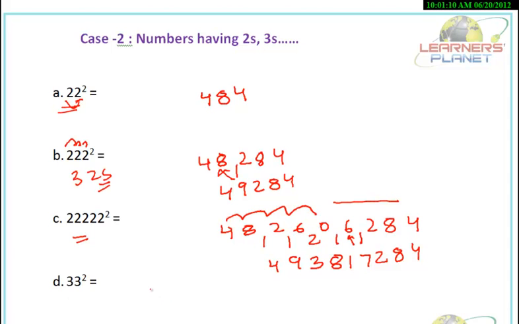So here we have 2 3's. So we'll be counting the table of 9 up to 2 terms. So it's 9, 9 2's are 18, then further 9. In the next step we'll be adding the carryover: 9, 8, and 1 plus 9 is 10. So the square of 33 is 1089.